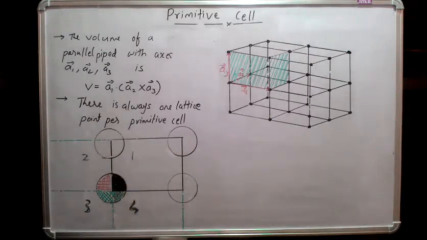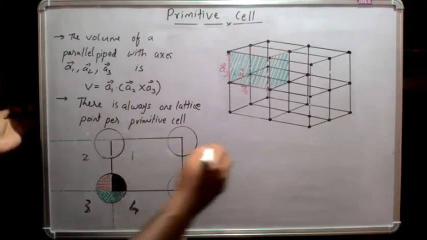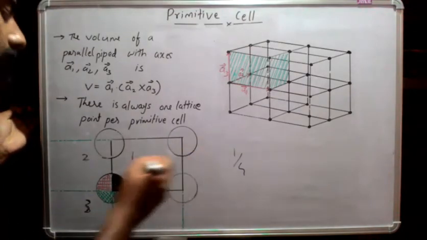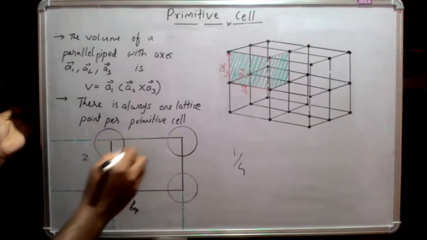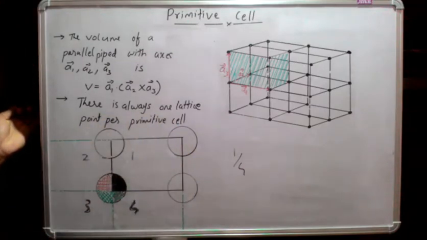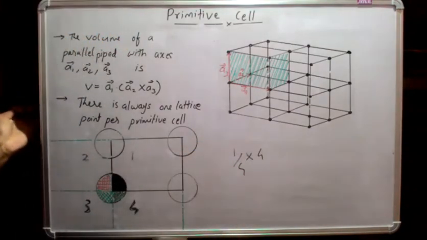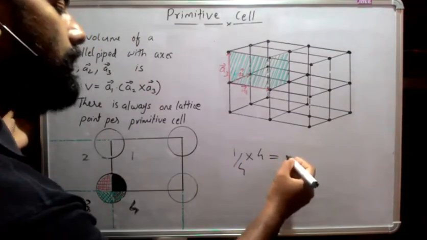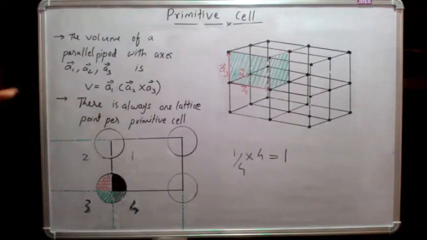So each corner of a primitive cell contains 1/4th portion of the lattice point. So the total number of lattice points inside a primitive cell is equal to 1. So that is the point: there is always one lattice point per primitive cell.